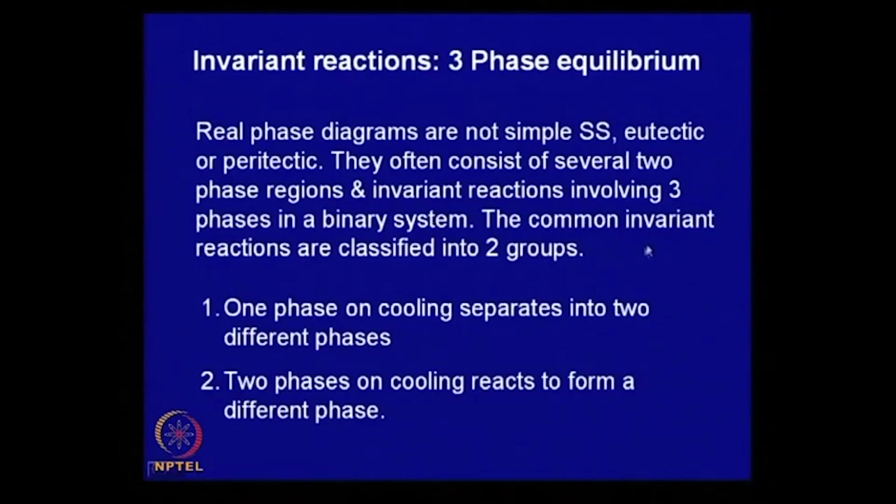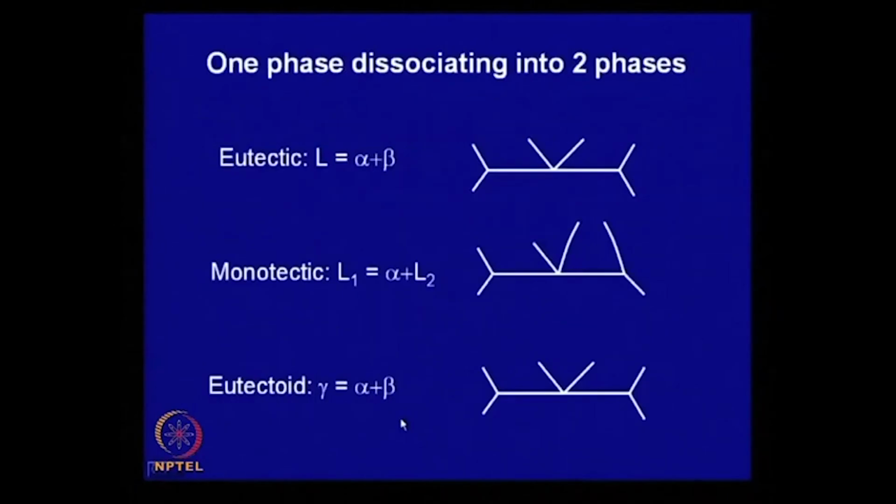Now, you have some invariant reactions other than eutectic and peritectic, and we will look at them. We can broadly classify these invariants into two groups. In one case, one phase on cooling separates into two different phases, like that in eutectic, and in another case, two phases on cooling react to form a different phase, like in peritectic.